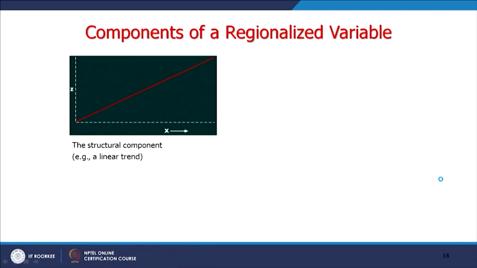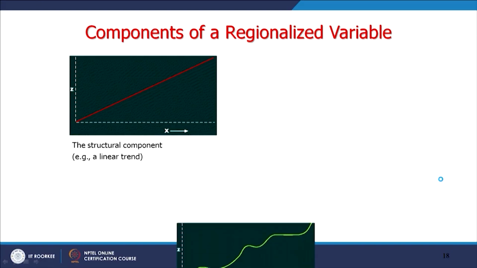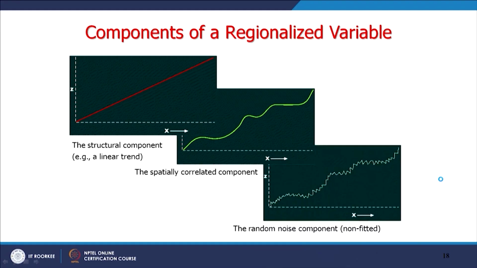Continuing with this, the earlier figure can be separated into 3 components. The first one is the structural component, which as I mentioned is a linear trend. This is the spatially correlated component, and the last one is the random noise component, which is non-fitted in that sense.